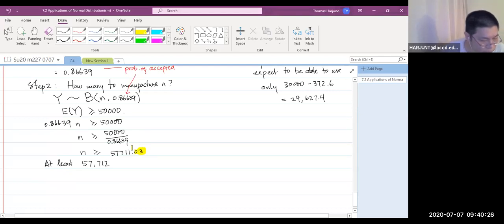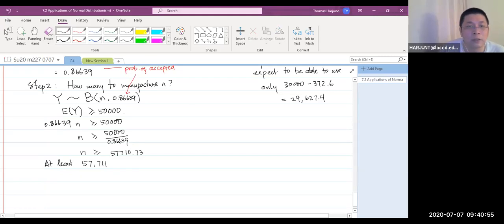Let me try 50,000 divided by 0.86639. Oh yeah, if I use 5 decimal places here, then it will be 0.73. So then if that's the case, then we use 711 here.